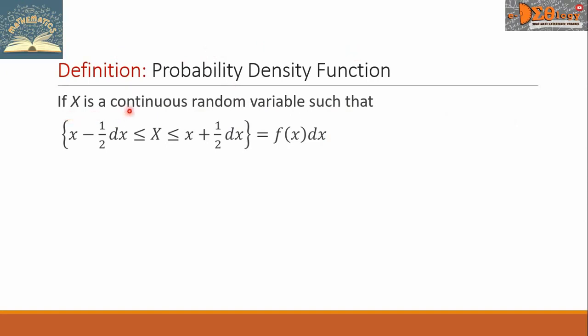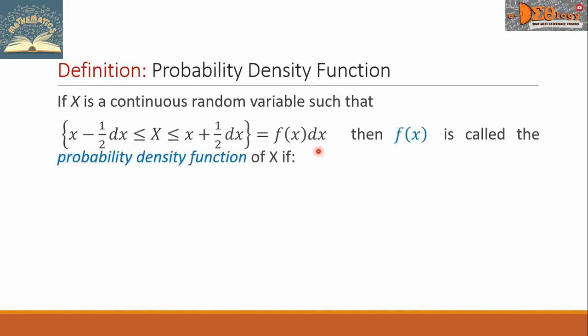If capital X is a continuous random variable such that the probability that capital X is greater than or equal to small x minus half of dx, but less than or equal to x plus 1/2 dx, is equal to f of x dx, then f of x is called the probability density function of capital X if number 1, f of x is greater than or equal to 0 for all x an element of real numbers.